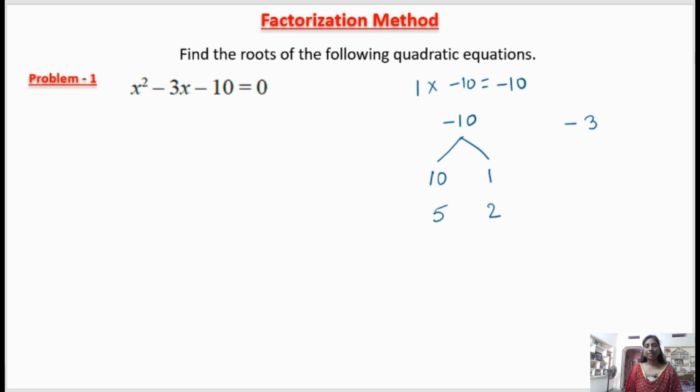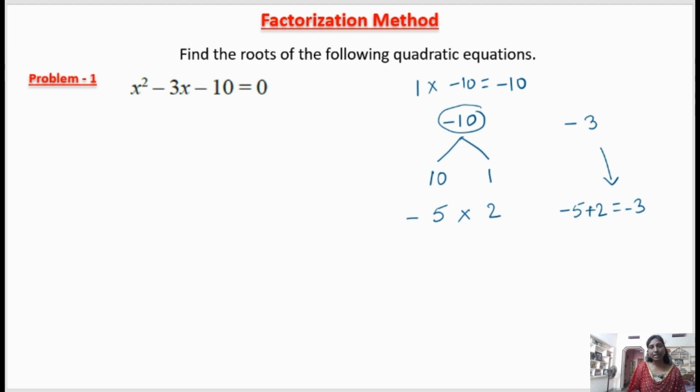But if we take minus 5 and 2, then minus 5 times 2 gives you minus 10, and minus 5 plus 2 gives you minus 3 also. So minus 5 and 2 are the required numbers.